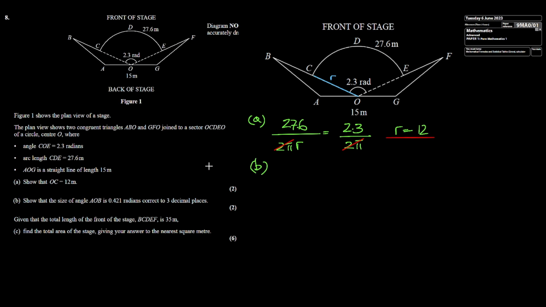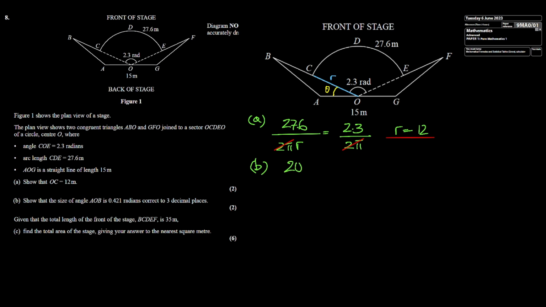They now want us to show that the angle AOB is 0.421 radians, correct to 3 dp. Right, the angle AOB is the angle in here. Let's call it theta. As we know that AOG is a straight line, and we know that these two triangles are congruent, in other words, the same, 2.3 radians and 2 thetas must be equal to pi radians.